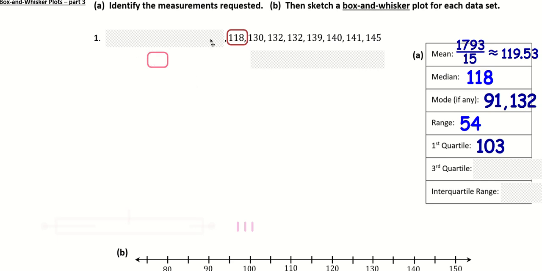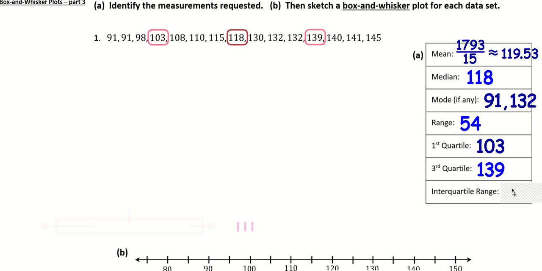And then, so here, the lower half looks like 103 and 139, because there was the upper half, there was the lower half, and so the interquartile range is 139 minus 103.